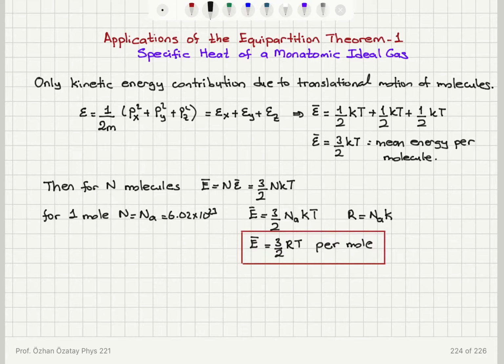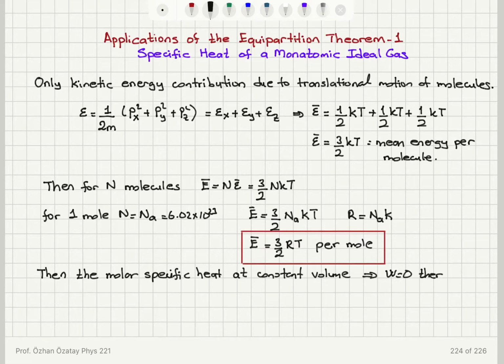So if you want to know the molar specific heat, we can calculate the molar specific heat at constant volume, so that we have only thermal interaction, no work done on the system. This guarantees that the work done is 0, only thermal interaction.